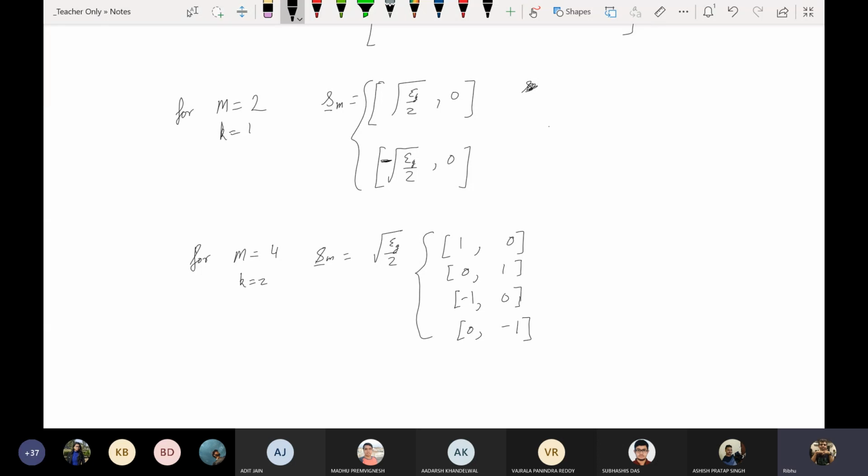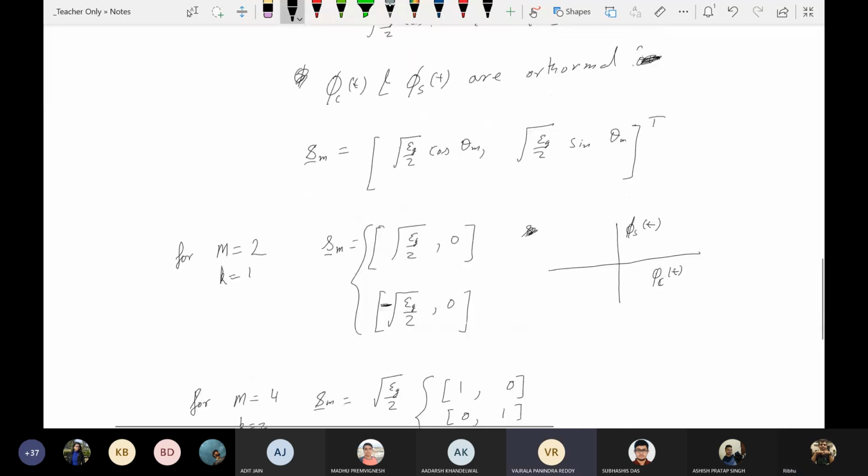Fine. So the constellation, φ_c(t). Sir, can you explain how this s_m got these values?